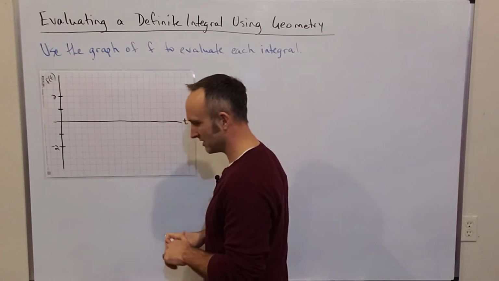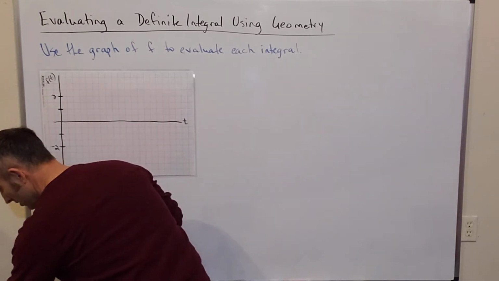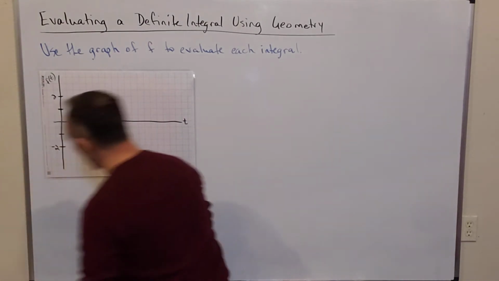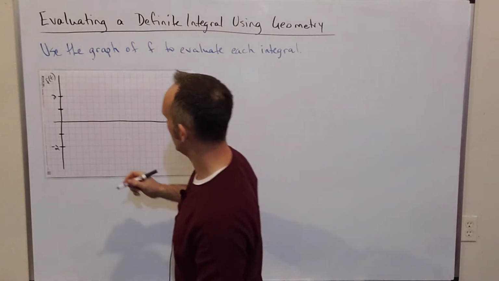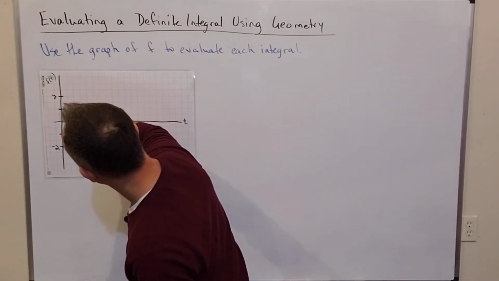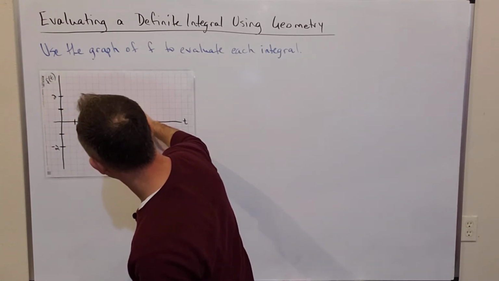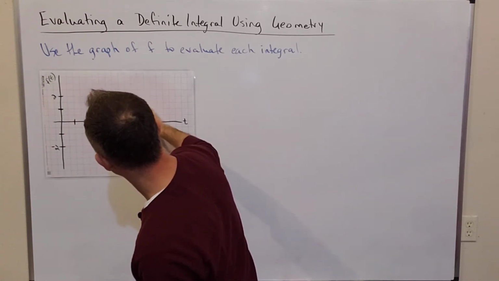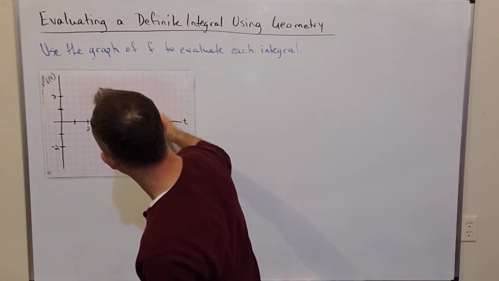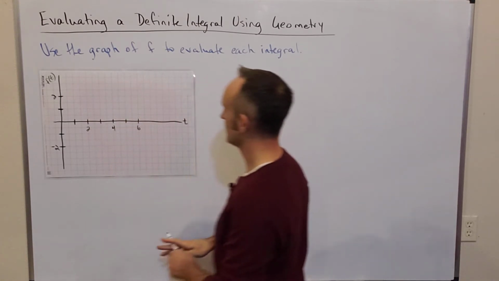So we've got our y-axis set up. Then we need our x-axis. I need to go from 1 to 6. So let's say that that's 1, 2, let's count by 2s, 3, 4, 5, and 6, okay?